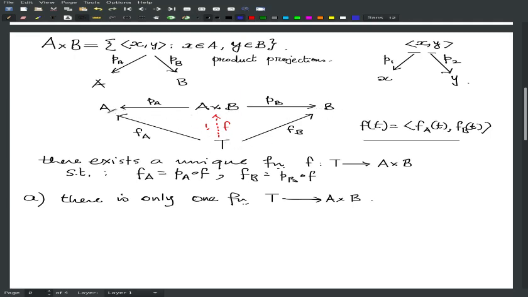Now if you fix these two endpoints A and B, of all these hanging arrows to A and B from a fixed set, this one on the top has a speciality.